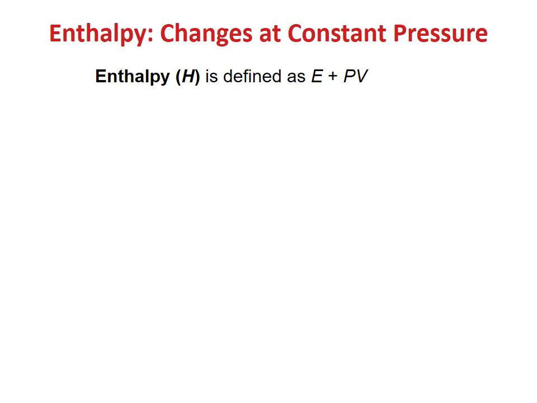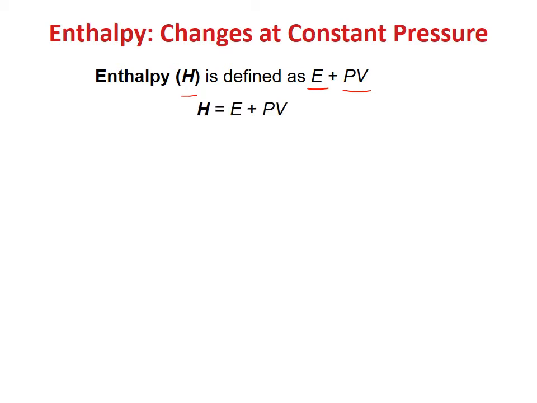You already know that internal energy is a state function that only depends on states, not the path. We now introduce another state function called enthalpy, represented by H. Enthalpy is defined as the sum of internal energy E plus the product of pressure times volume.